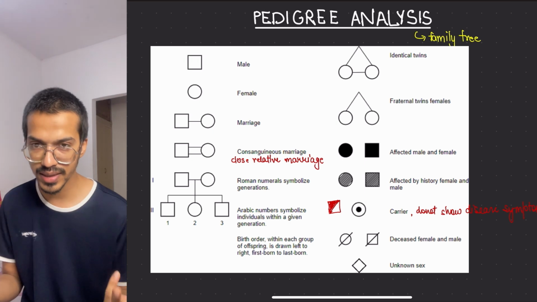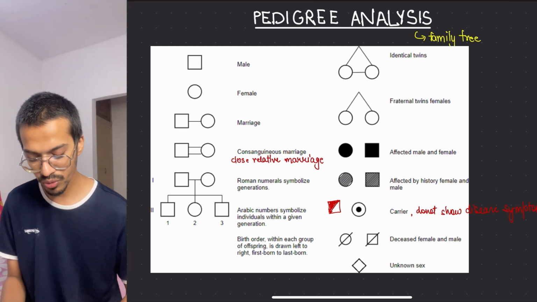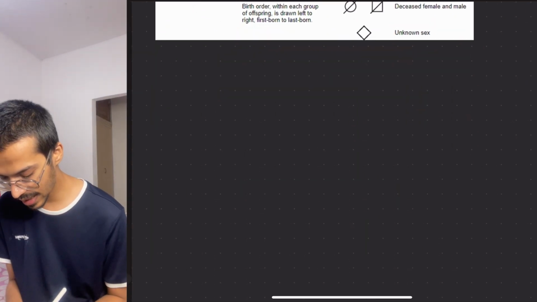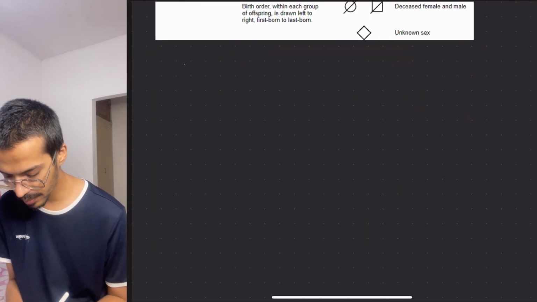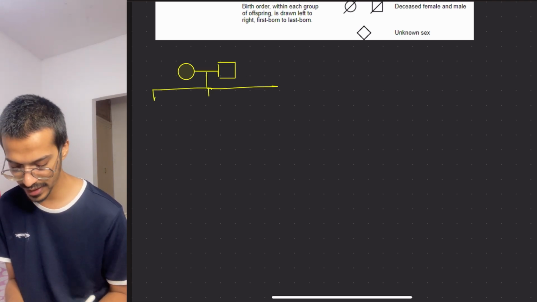Now let's see how we make a pedigree analysis. Very simple, just like your family tree. For example, this is the mother and this is the father, or maybe the grandparents. And then what happened? They had four children.